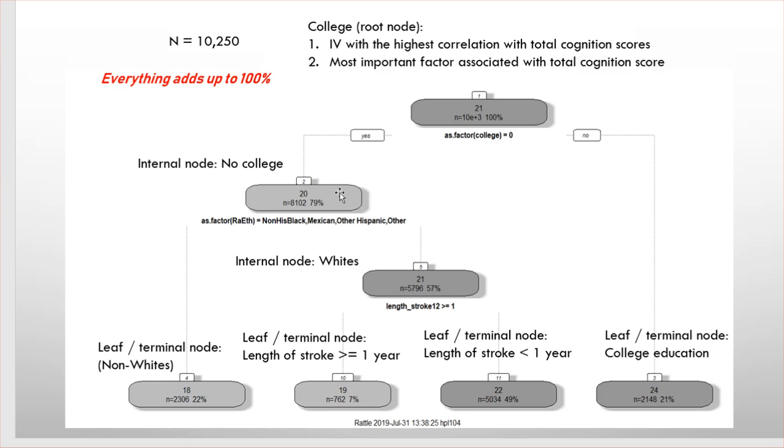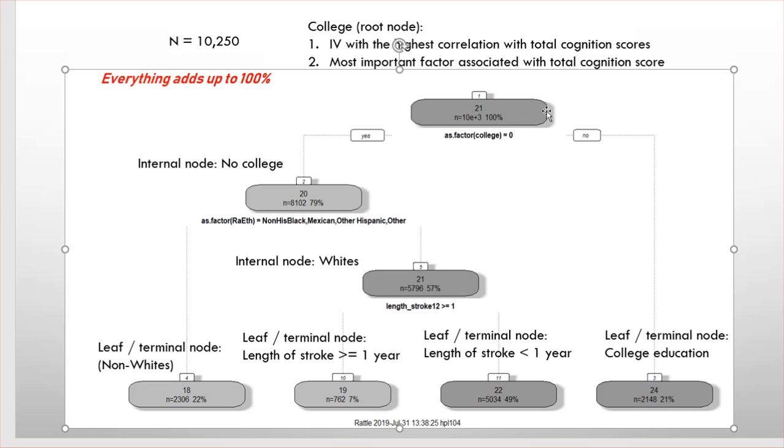So, from the root node, we further partition our data into several internal nodes. On the left side of the root node, we have those without a college degree. About 79% of our respondents do not have college degrees.